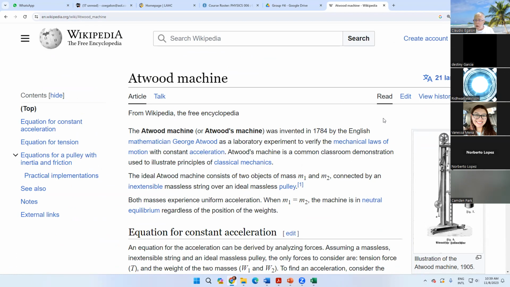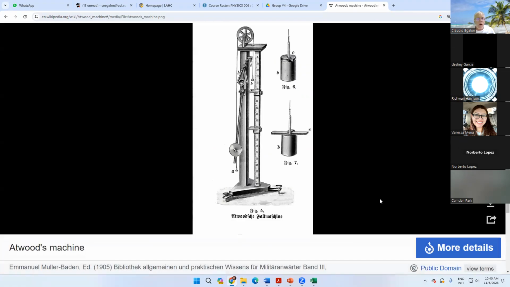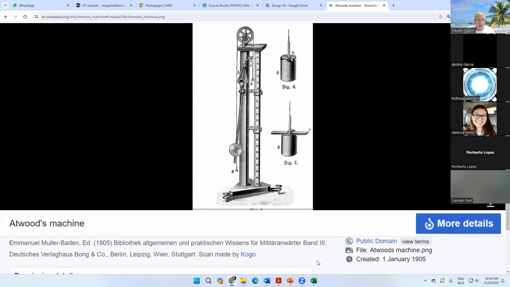Let me show you how it looks. Is the Atwood machine interesting? Okay, here you go. This is an application of the Atwood machine. This is not the Atwood machine per se, but what you have here is a pendulum that's powered by this Atwood machine.